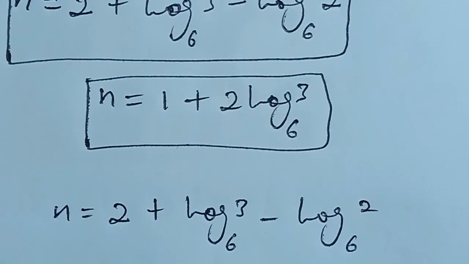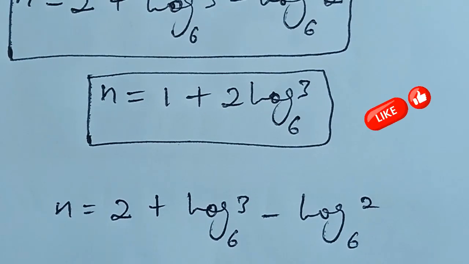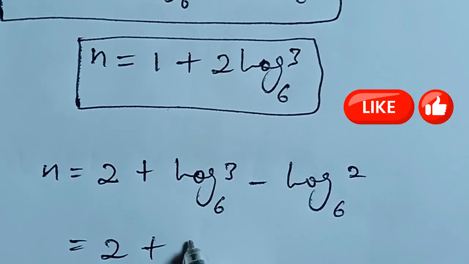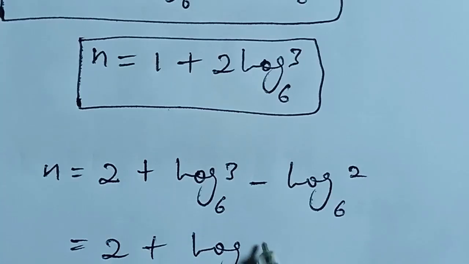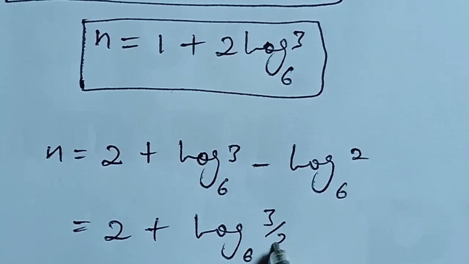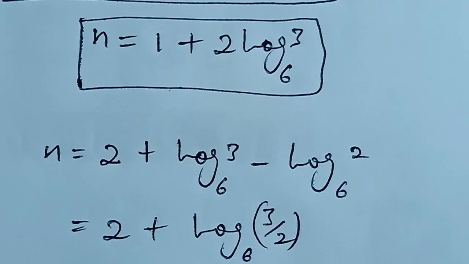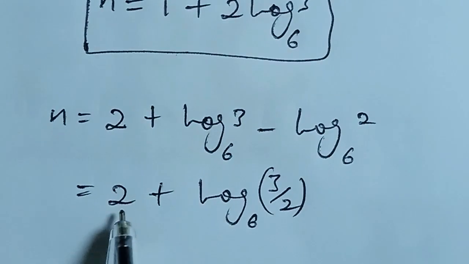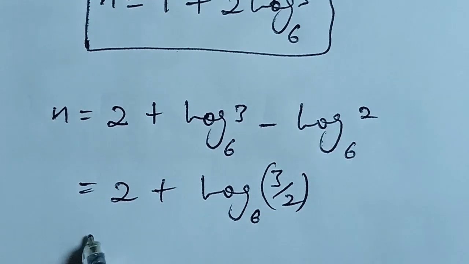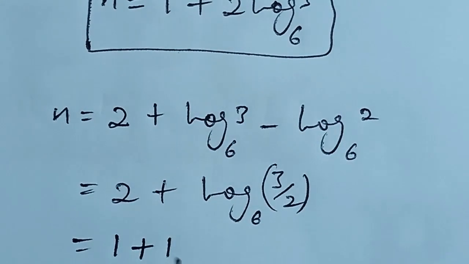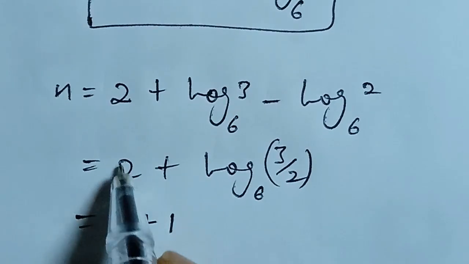So we can rewrite this back in the form of 2 plus log base 6 of 3 over 2. Now from here we can rewrite this 2 as 1 plus 1, and we know that 1 plus 1 is equal to 2.